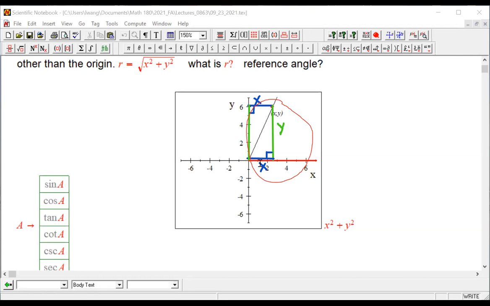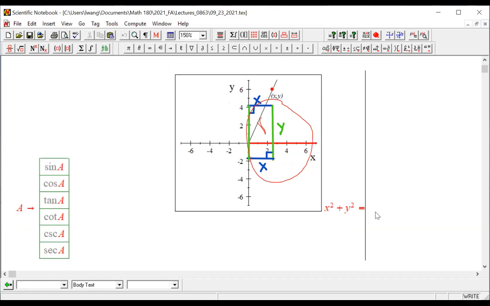So this is a right triangle. The two legs, leg x, leg y. X squared plus y squared is equal to what? The hypotenuse. So this side is the hypotenuse. This is r. X squared plus y squared is equal to r squared.